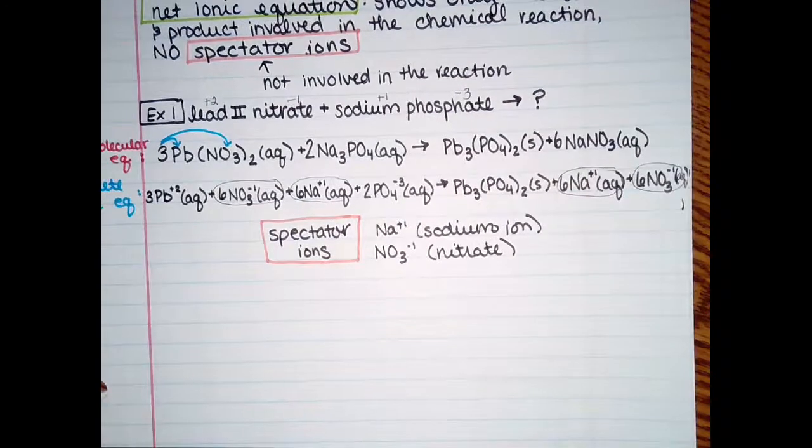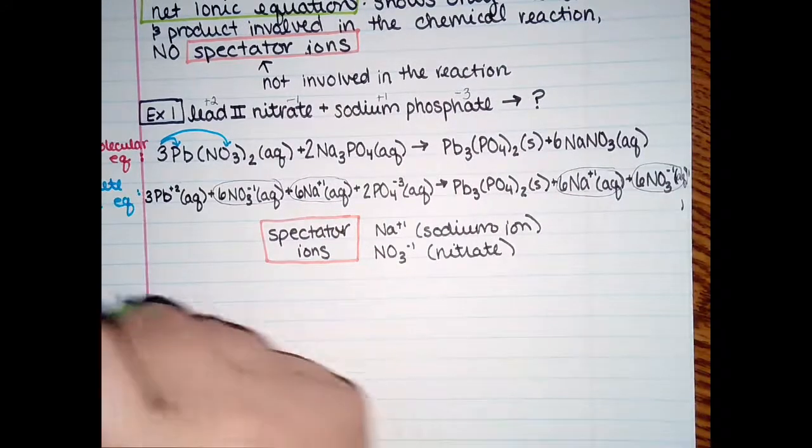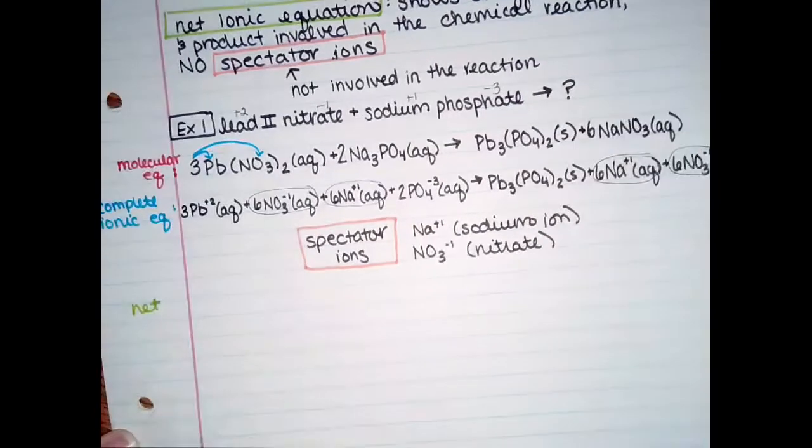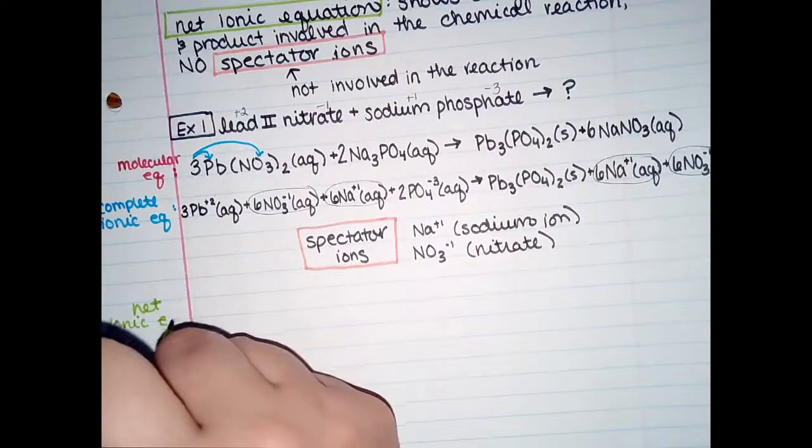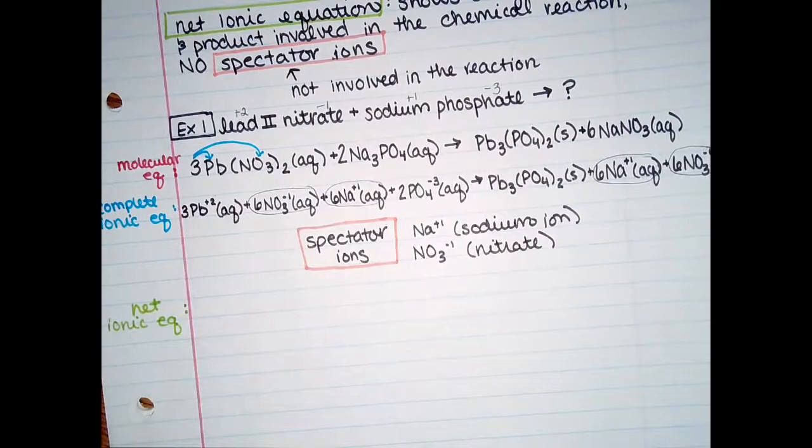We can now wrap up with the net ionic equation. We remove the spectators and write only the things involved in the reaction.